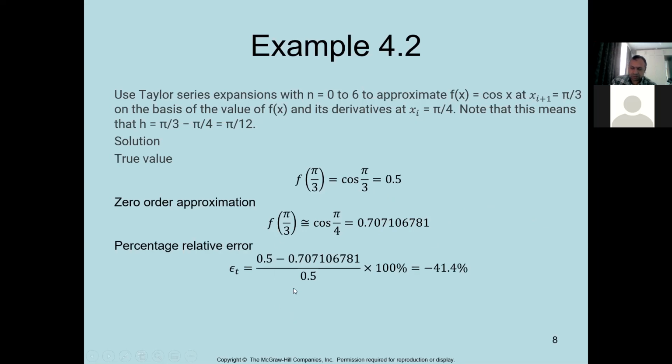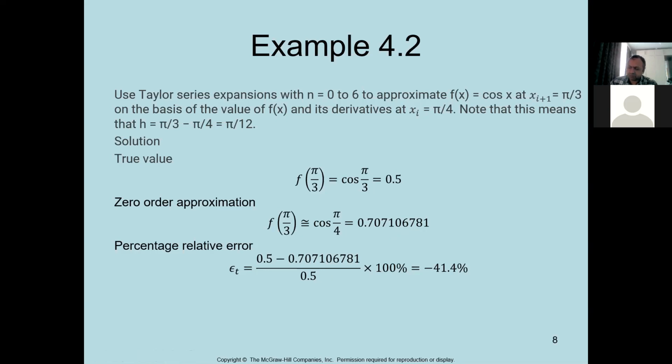Using the percentage relative error, we find that it is minus 41.4%. How do we calculate the percentage relative error? It is the true value minus the approximated value, divided by the true value, multiplied by 100%. So it will be minus 41.4%. Here we can see that the zeroth order approximation gives us a value which includes a true error of minus 41.4%.